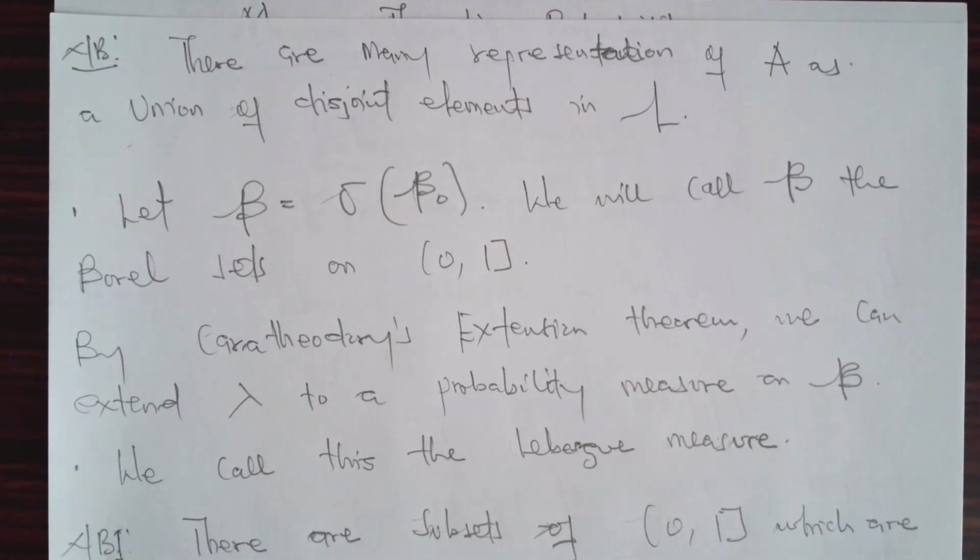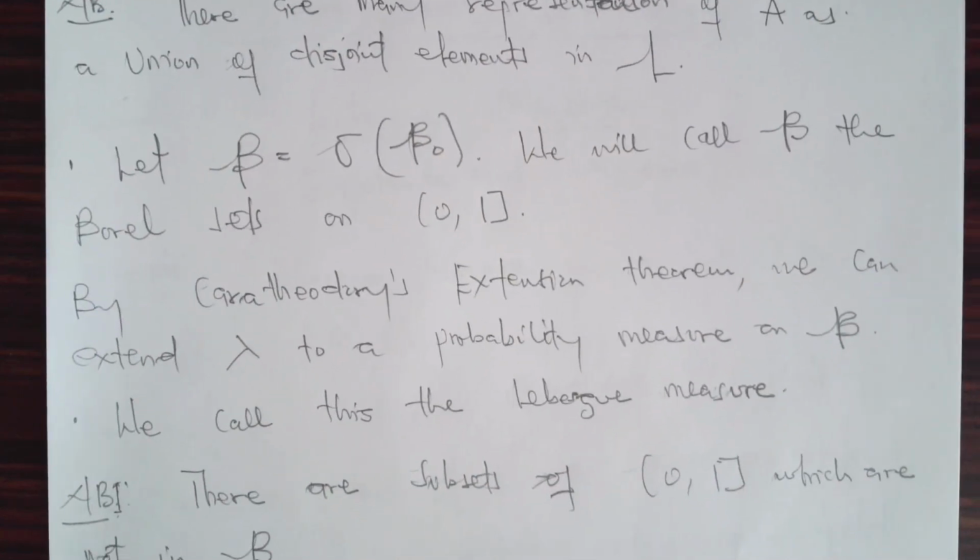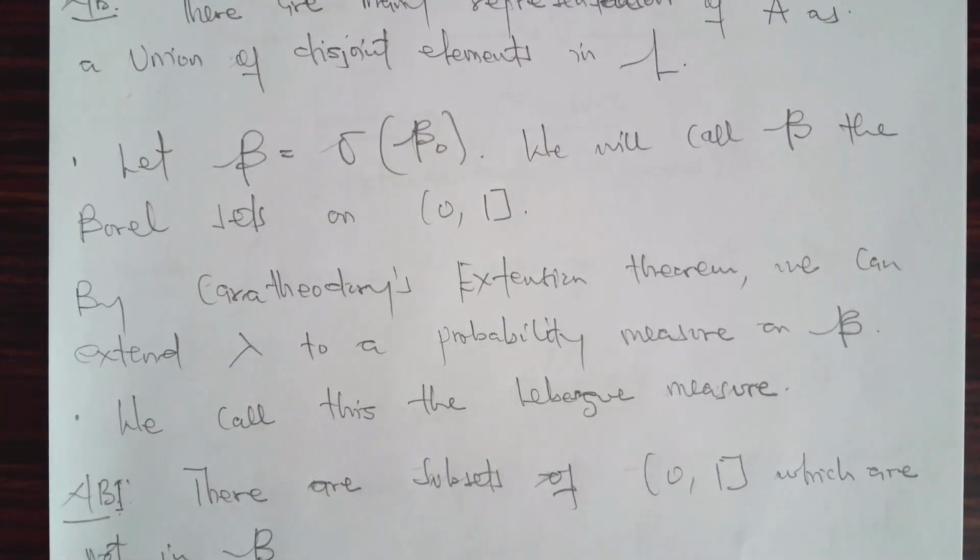Now we define another class, beta, which is equal to the sigma field generated by beta naught. We will call beta the Borel sets on omega, that is the unit interval from 0 to 1. By Caratheodory's extension theorem, we can extend the Lebesgue measure lambda to a probability measure on beta.